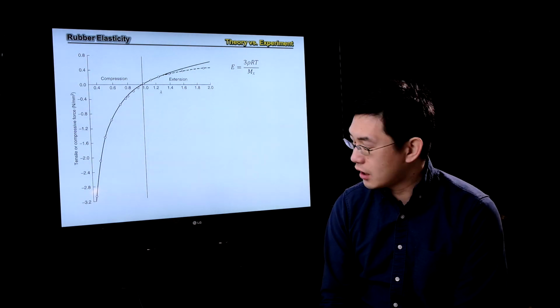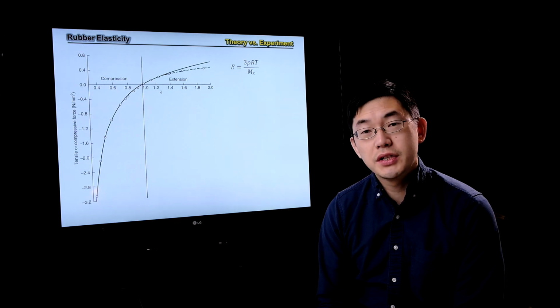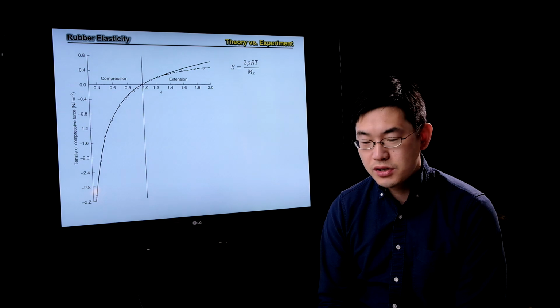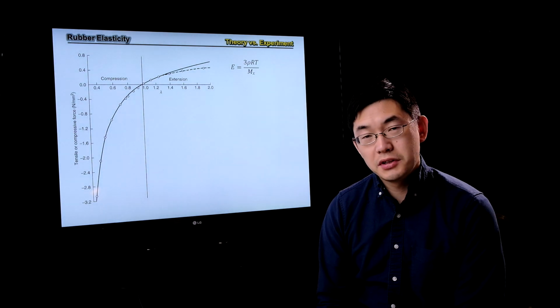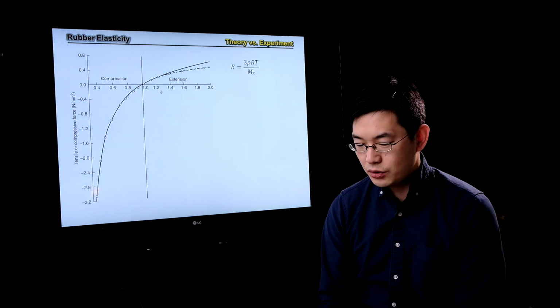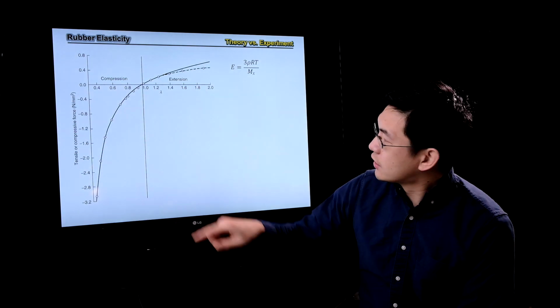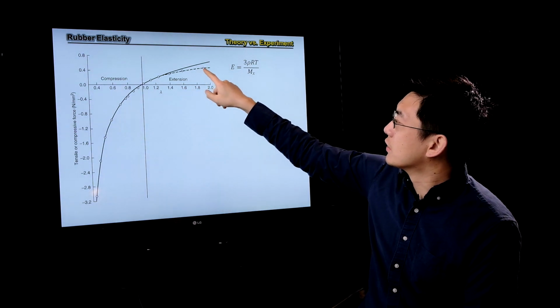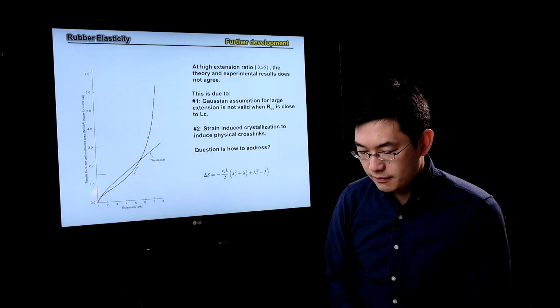But if you watch carefully, in the compression region it is very good. However, in the tensile or extension region, your data start to deviate more and more at a higher degree of strain. Look here, when your strain is 2.0, it is a much bigger difference.